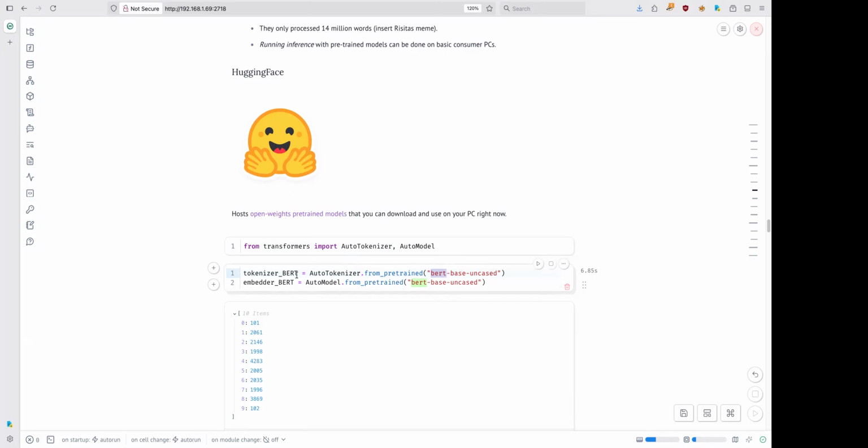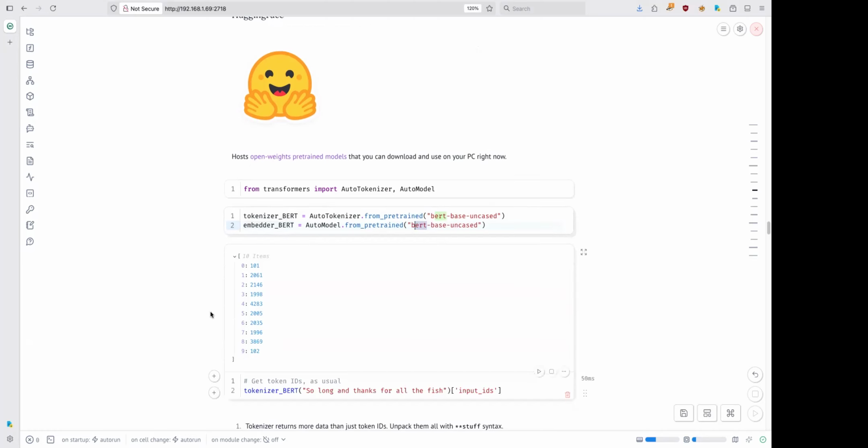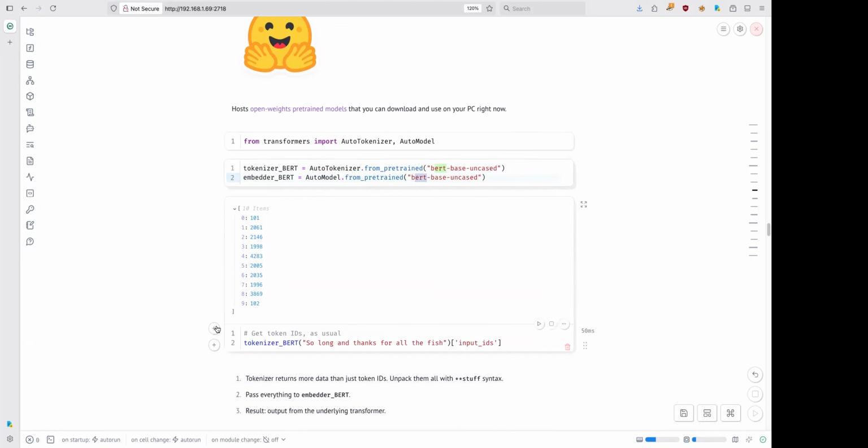So we need a tokenizer, we need an embedder or a BERT model, and we can basically use this exactly like TikToken. We say tokenizer BERT and pass the string "So long and thanks for all the fish." We show here the input IDs. We see that these are again the token IDs that we know and love.